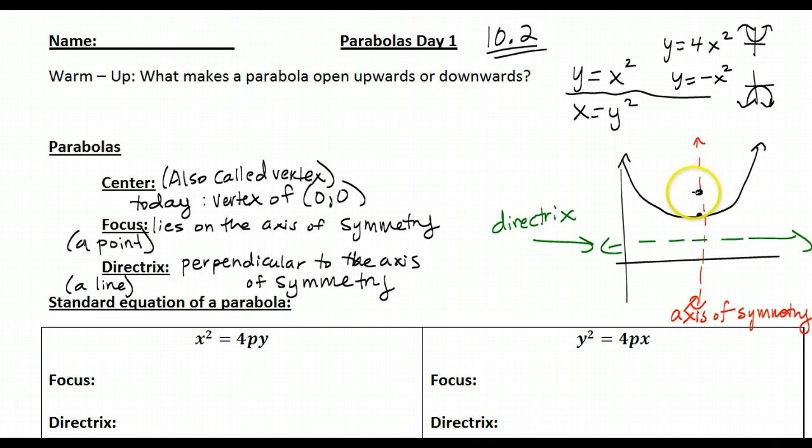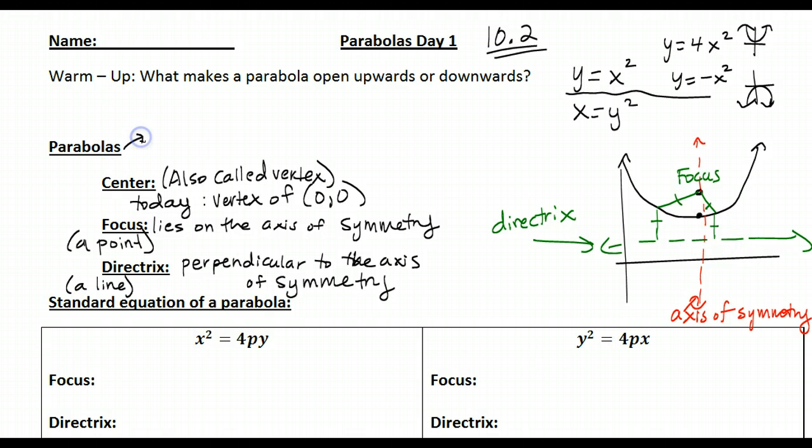Anyways, these are made so that any point on the parabola is equidistant from the directrix and the focus. So it doesn't matter where on the parabola I go, if I draw, and my picture isn't very good, but if I go from the focus to my parabola line and then I go to the directrix line from there, those should be an equal value. Let's write that in words.